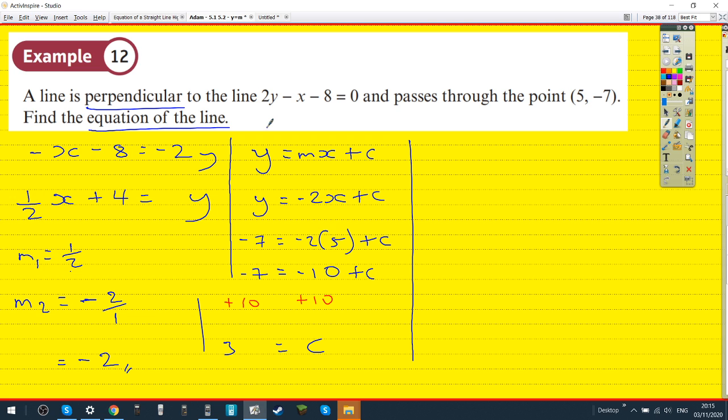And so what is the equation of the line that's perpendicular to that and goes through 5, minus 7? So it'd be y equals minus 2x plus 3.